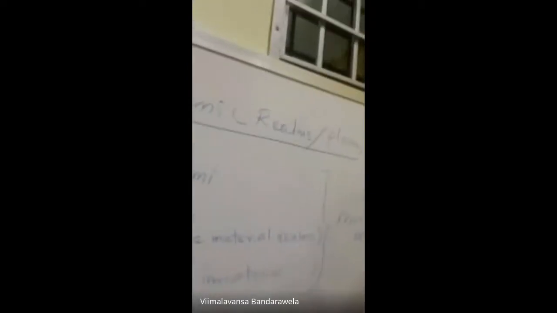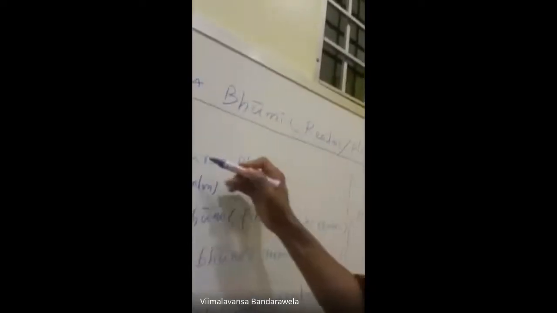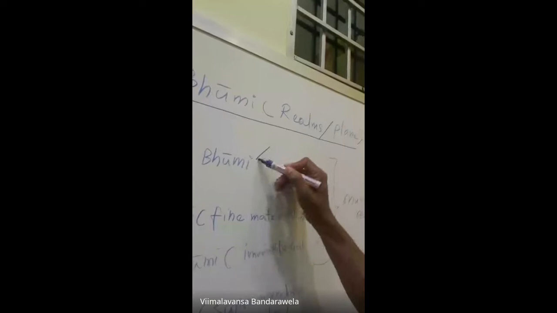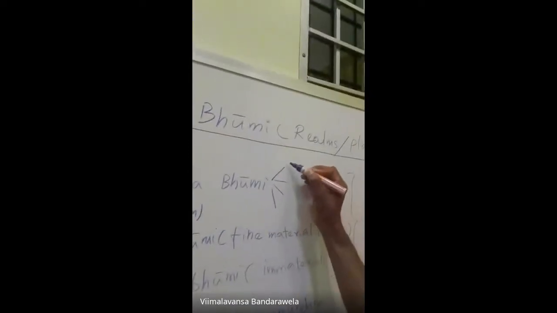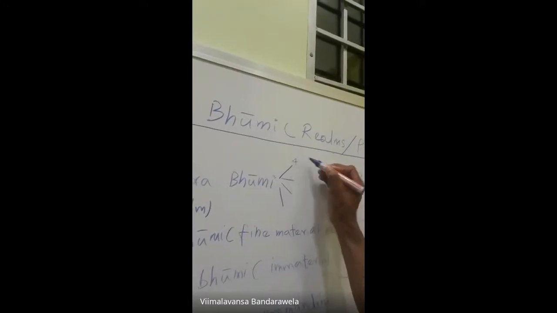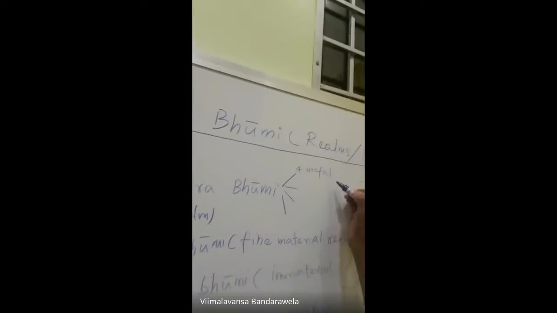Okay, those we discussed the last day. So you have Kamavachara bhumi. First one is the 4 woeful states.